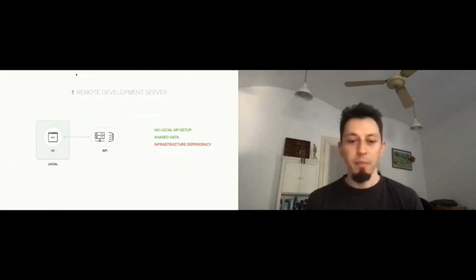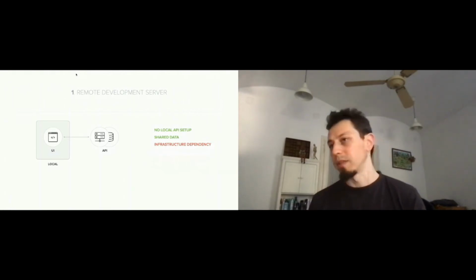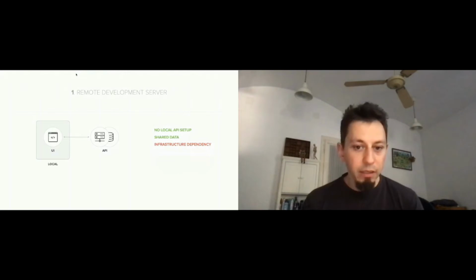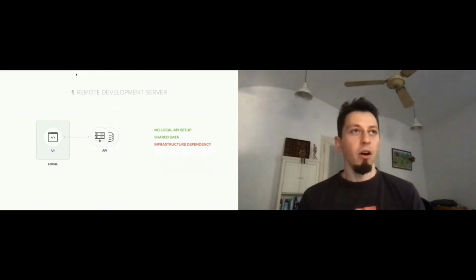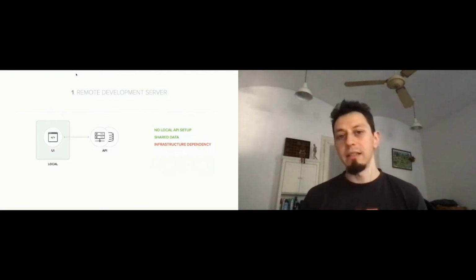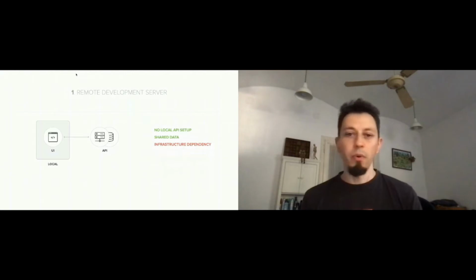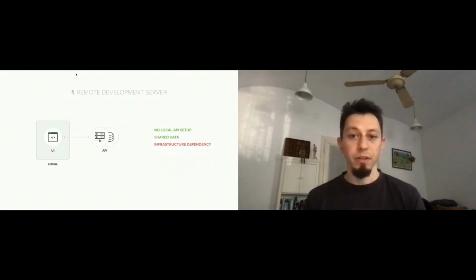Now, the problem with this approach is that you depend heavily on the infrastructure. So, for instance, the API might be down, right? Somebody messes up the build, and the API is not working. So you cannot do any development, because you cannot work on the UI because you depend on an API that's offline, that's not working. Also, another problem is that you cannot deploy different branches on the same API, right?